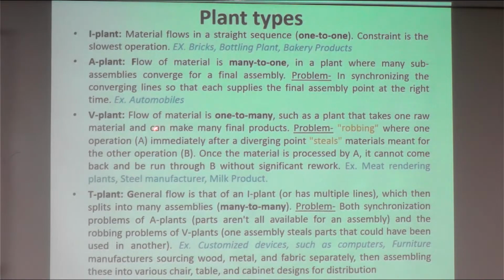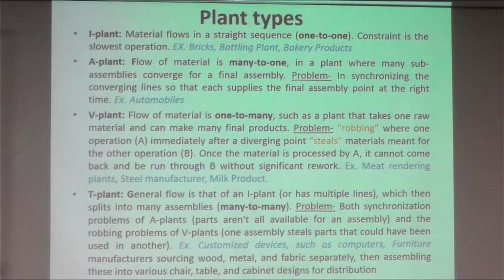Then V-type plant, flow of material is one to many, such as a plant that takes one raw material and can make many final products. Rubbing, as I was telling, where one operation A immediately after a diverging point steals material meant for the other operation. Same water, I am bottling it, say 500 ml, 1 liter, 200 ml, 20 liter, 2 liter, whatever.